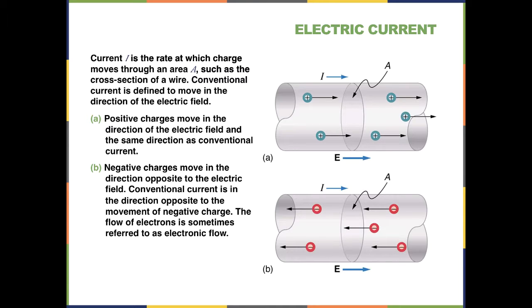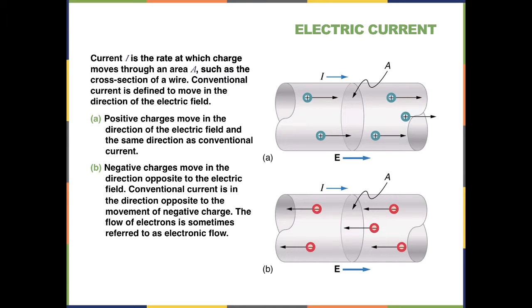Current, I, is the rate at which charge moves through an area, which is represented as A here. The conventional current is defined to move in the direction of the electric field. So the field moves from left to right. The positive charges move from left to right in the same direction as the field. The negative charges at the same time are moving in the opposite direction.